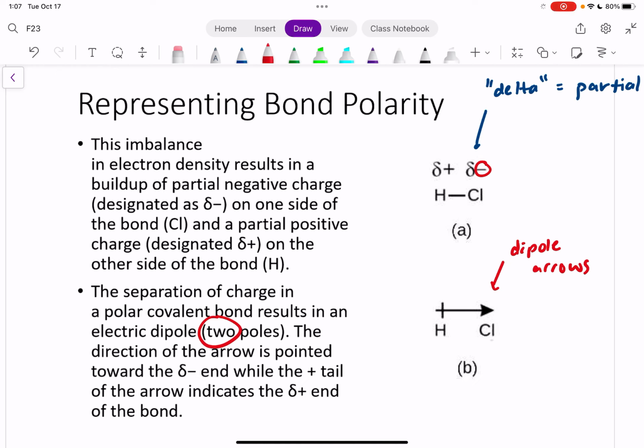And the arrow for our dipole arrow points towards the partial negative. So we get that point on the partial negative side. Okay. And then you'll notice on the partial positive side, we get this kind of plus sign. So it's like an arrow with a plus. Okay. And that plus sign always goes on the partial positive side. So I'll put partial positive, partial negative. So those are just two ways that you can show that difference in poles for these bonds.